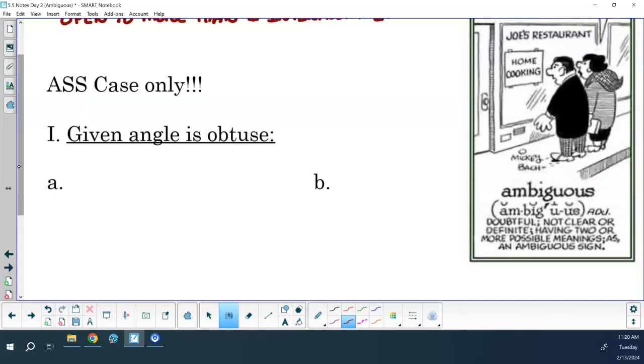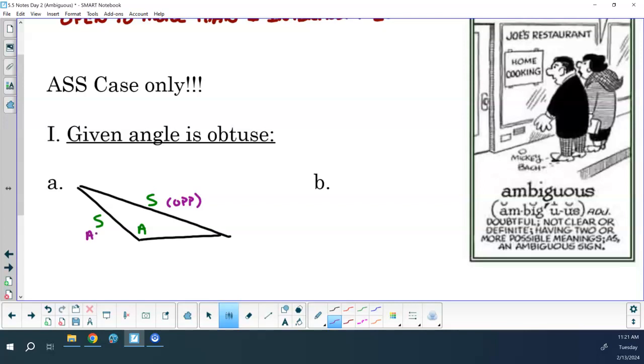So the first scenario is your one angle that is given. If your angle is obtuse, so here's my angle, here's my side, there's my side. So this side over here, we're going to call the opposite side because it is across the triangle from the given angle.